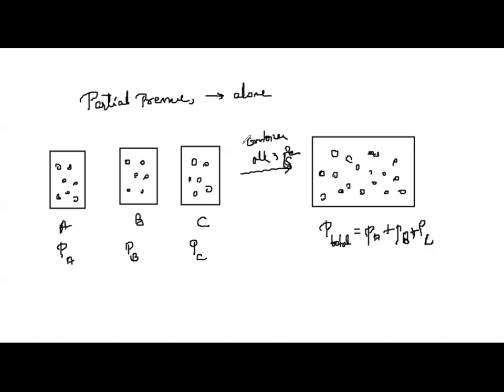For example, the total pressure exerted by a mixture of three gases A, B, and C will be equal to the sum of the individual partial pressures exerted by gas A, gas B, and gas C. With this, we have Dalton's formula for partial pressures.